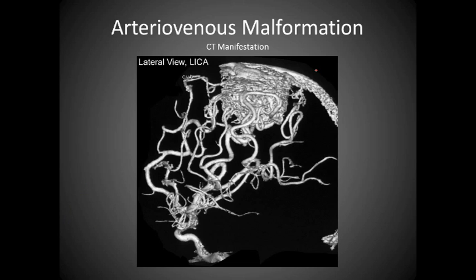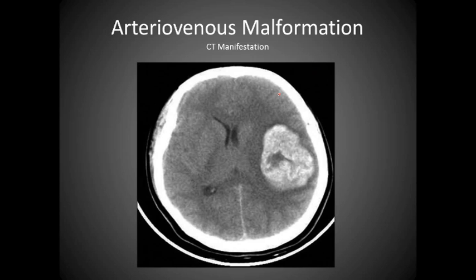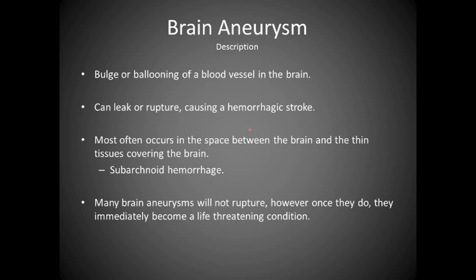This is typically what an AVM will look like on volume rendering. However, we don't often utilize volume rendering because you get something that looks like this. It looks very messy, and you really can't distinguish very much of anything on it. Here is an AVM in terms of CT as well. Notice we have individual blood vessels going throughout, but also we have a midline shift.